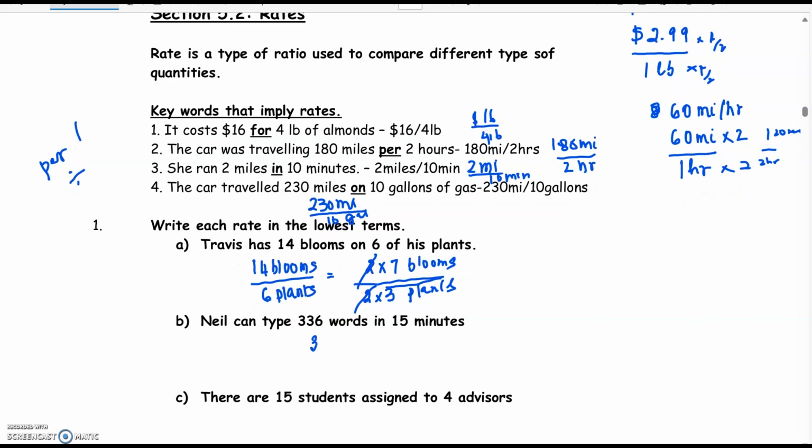Neil can type 336 words per 15 minutes. So 3 goes into 336. 3 ones are 3, 3 ones are 3, 3 twos are 6 words per 3 times 5 minutes.